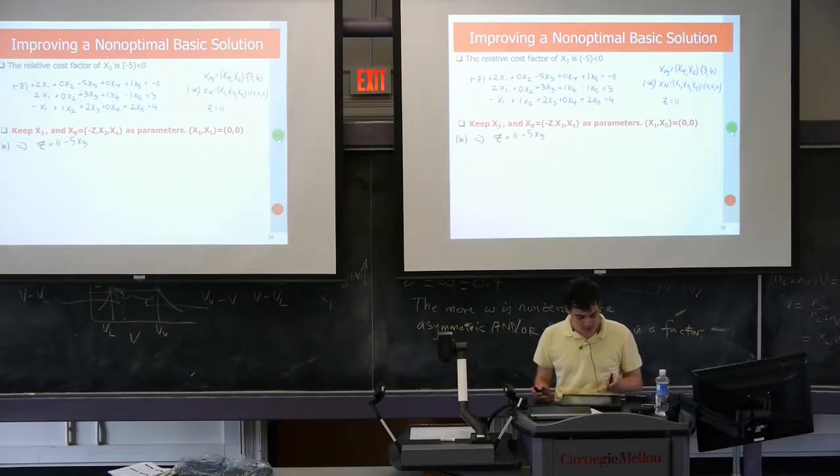And now this is what we have: the value of z is 11 minus 5 times x3.